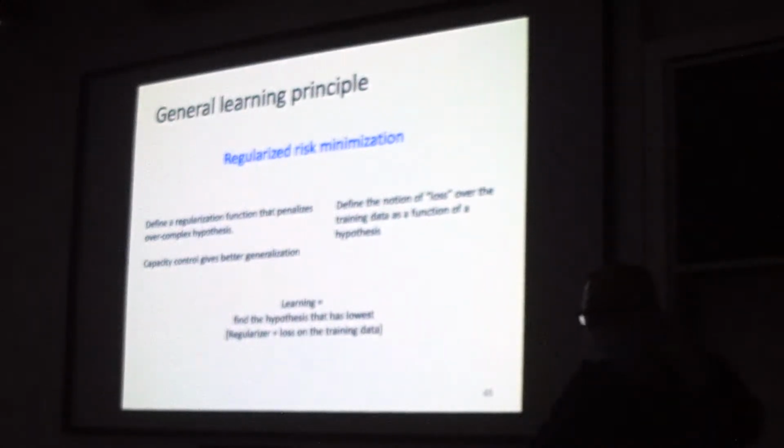I want to favor a smaller hypothesis space. Meanwhile, I need to define a loss over the training data to encourage your learned hypothesis to have a small training error, as small as possible. So you can see that SVM is a typical instance of regularized risk minimization.